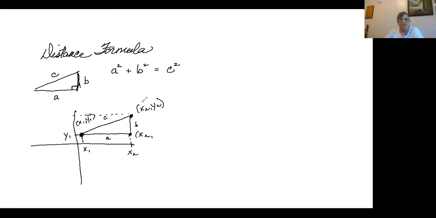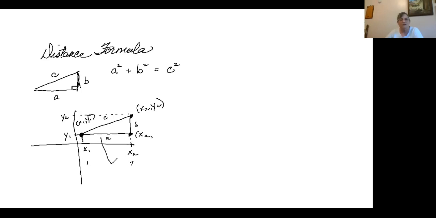This is y sub 2. The distance from here to here, let's say this was 1 and this was 7. What's the distance between them? Well, 7 minus 1 is 6, of course.